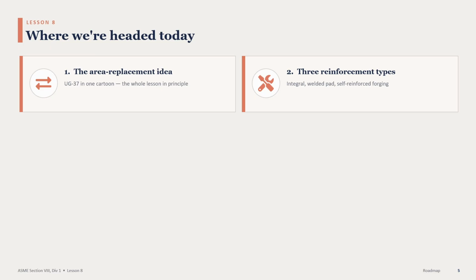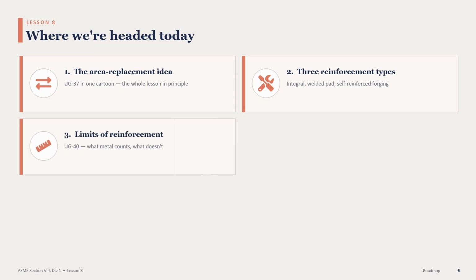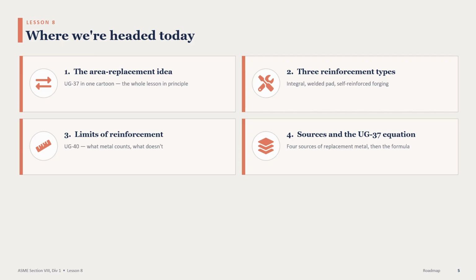What each one looks like at the shop. 3. Limits of reinforcement. UG-40 tells us what metal counts and what doesn't. 4. The sources of replacement metal, and then the UG-37 equation. 4 physical sources. Then the formula.